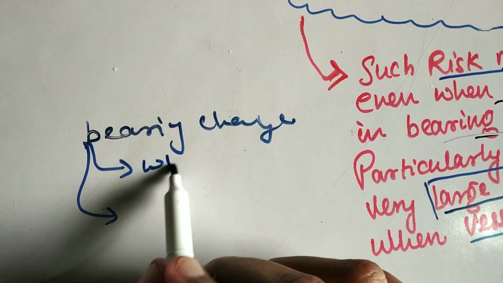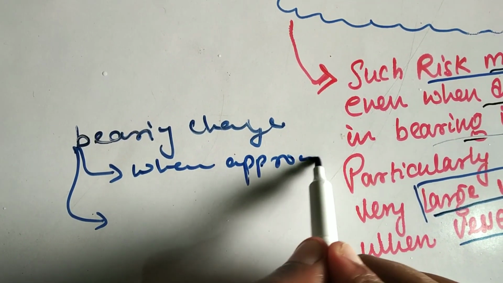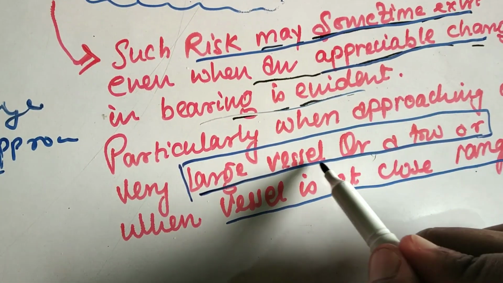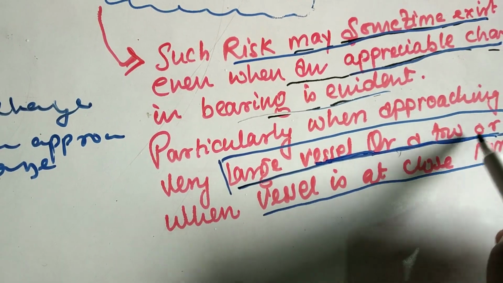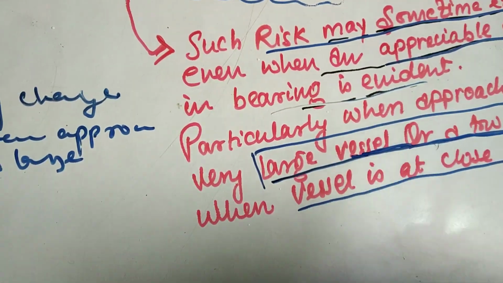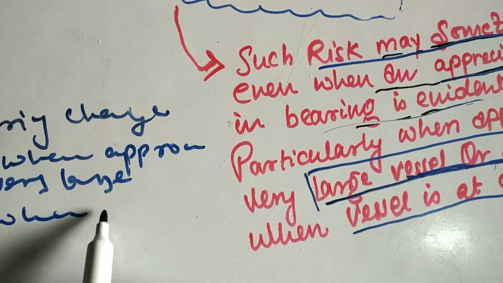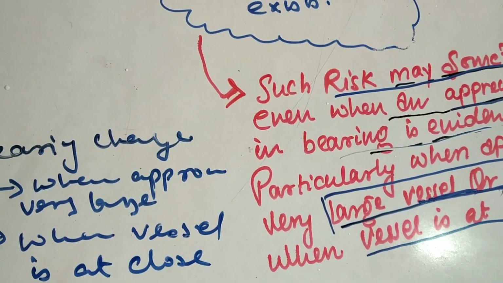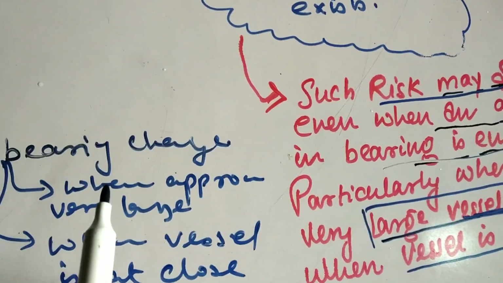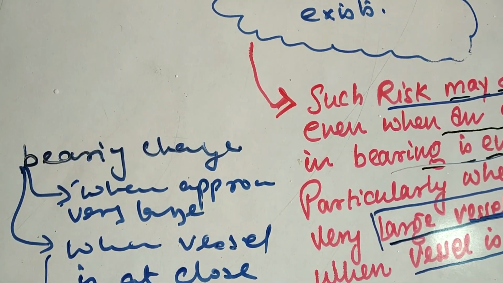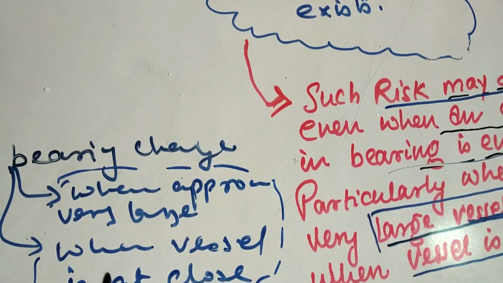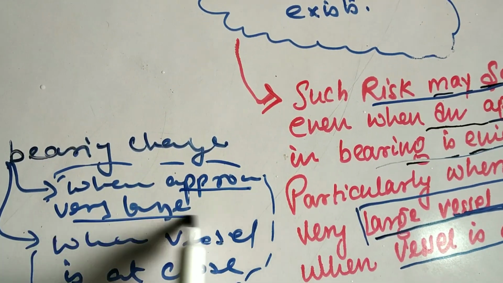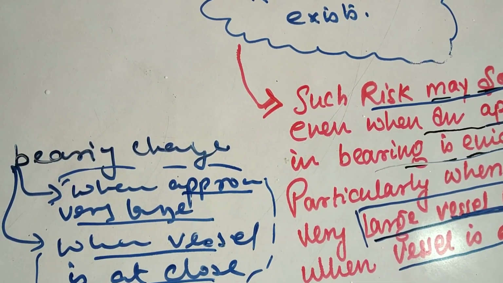When you are approaching a very large vessel or a tow, or when the vessel is at close range. So even if the bearing changes, you should consider these two cases to see if risk of collision exists or not: when approaching a very large vessel or a tow, and when the vessel is at very close range.